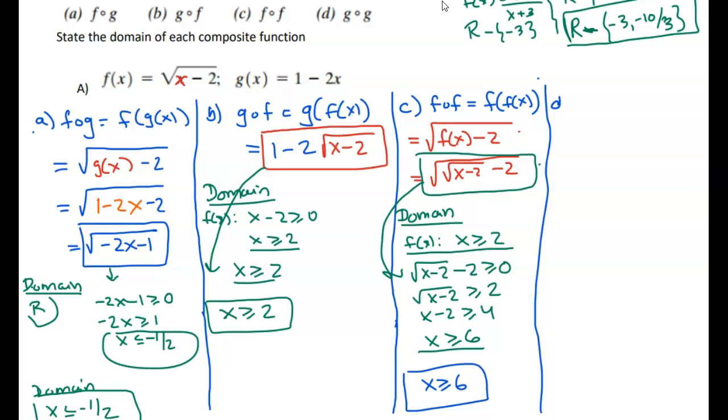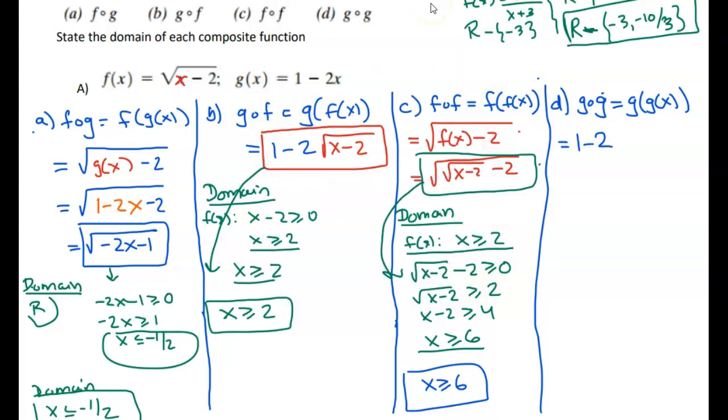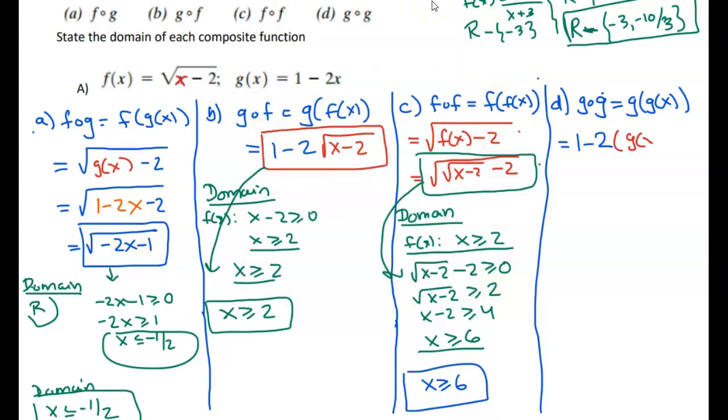Right, let's look at D. G of g. So we need to plug g into g. Alright, so 1 minus 2 times x, that x gets replaced by g of x.